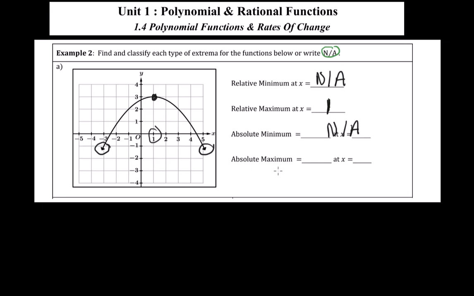Now what is the absolute maximum? The greatest, the highest point we can reach on this graph, is this point. Then that would be 3 at x = 1.